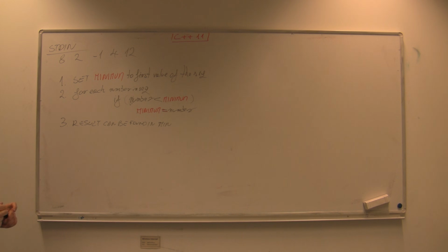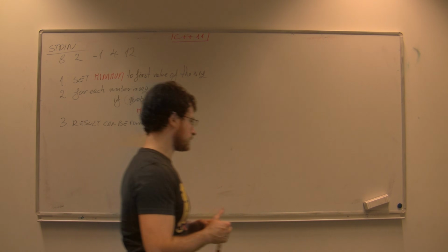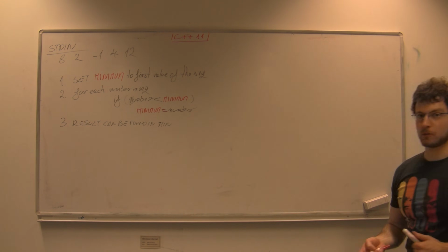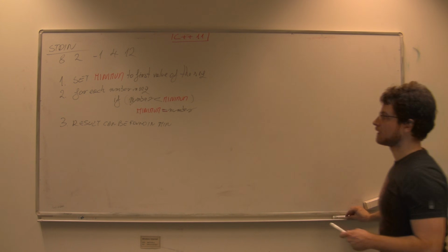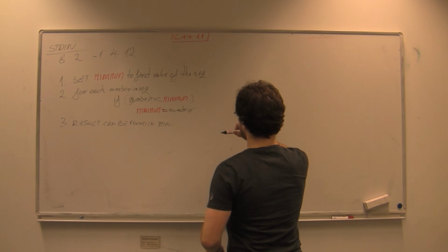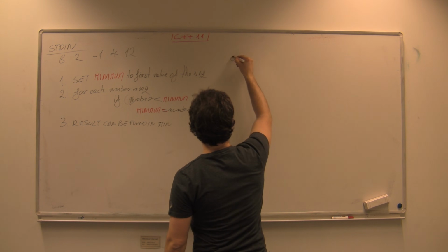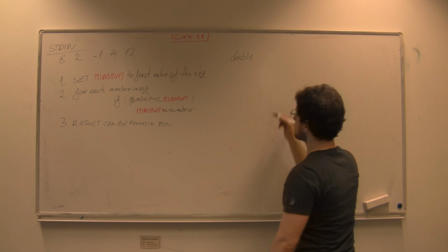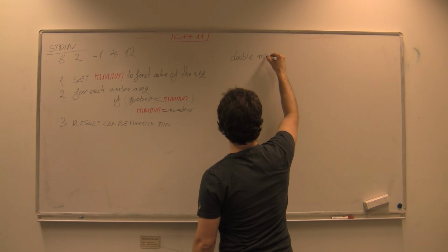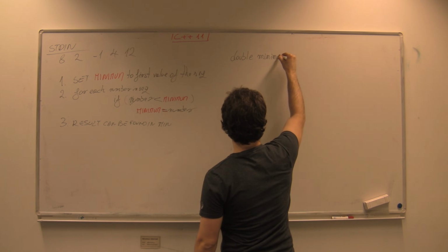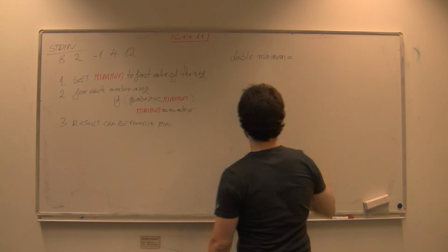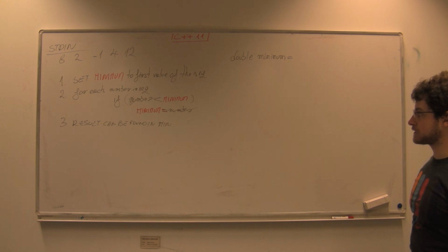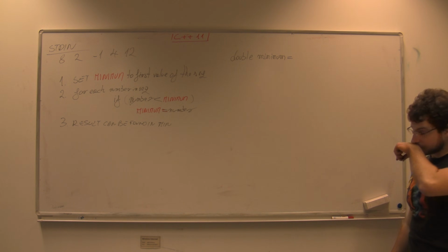Okay, so let's just translate this into C++, which you could probably already do yourselves now. So we have a distinguished variable called minimum. But it has to be set to the first value of the sequence.